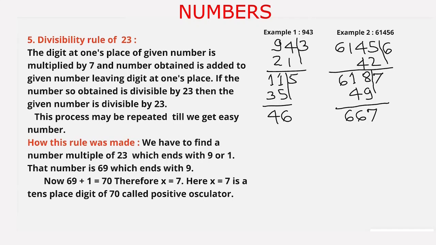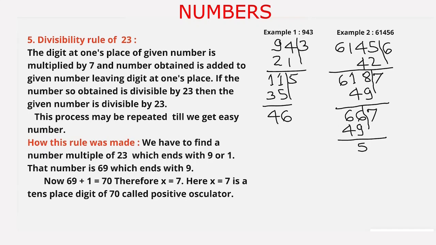667. Again this number is large, so we repeat this process again, and ones place of this number is again 7. So 7 times 7 is 49, and we add 49 to the remaining part of the number, which is 66. 6 plus 9 is 15.